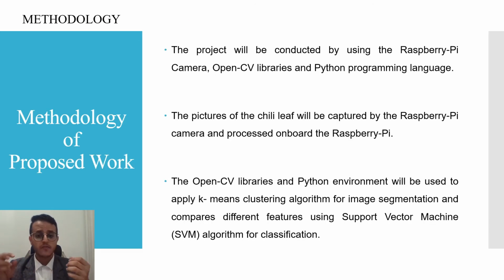The methodology of the proposed work in this project contains two algorithms: the training algorithm, to train different support vector machine classifiers, and another one is the testing algorithm, to test these different support vector machine classifiers. Both algorithms consist of image acquisition, where a Raspberry Pi camera is used to obtain the images of the chili leaves.